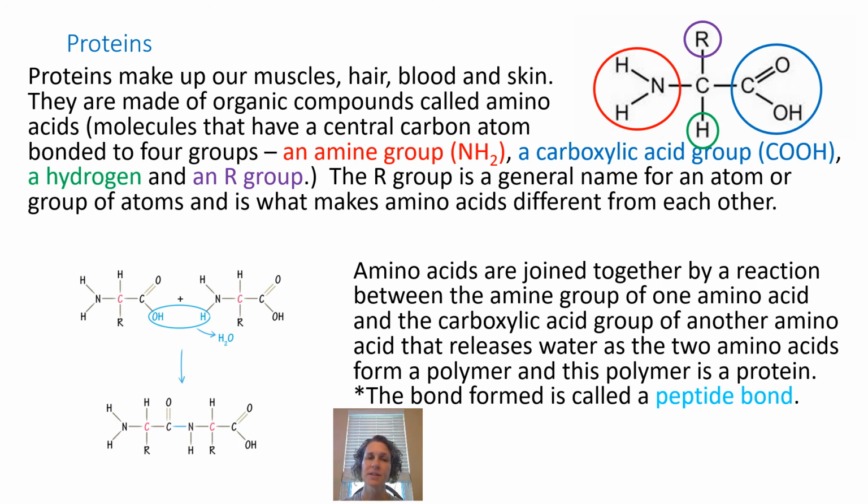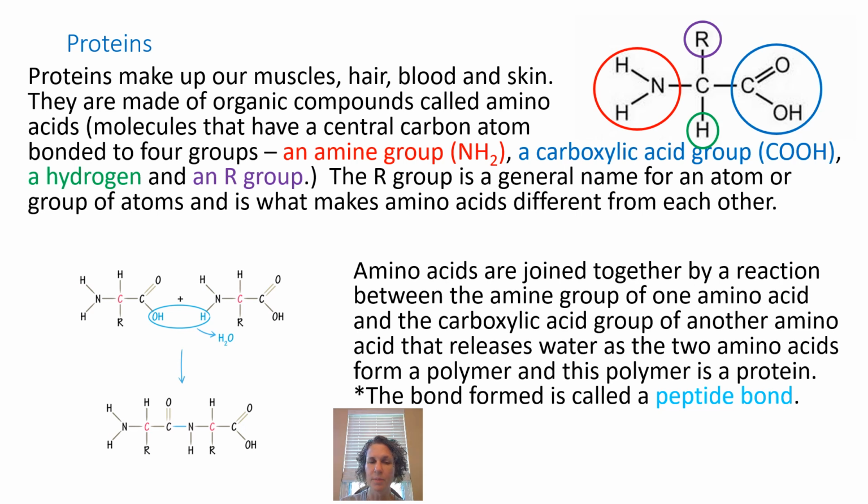Now, amino acids are joined together in long chains to make up the proteins, and they're joined when you have a reaction between the amine group of one amino acid and the carboxylic acid group of another amino acid. Notice when they bond, an H is given up from the amine and an OH is given up from the carboxylic acid, and so you have OH plus H, you get 2 H's and an O, and this forms water.